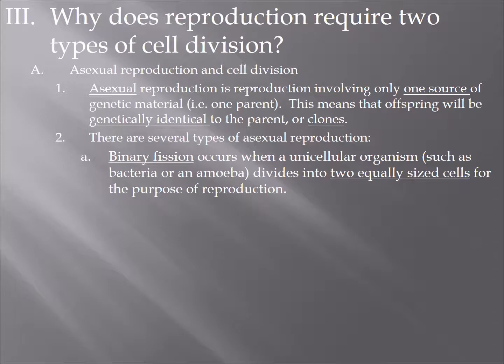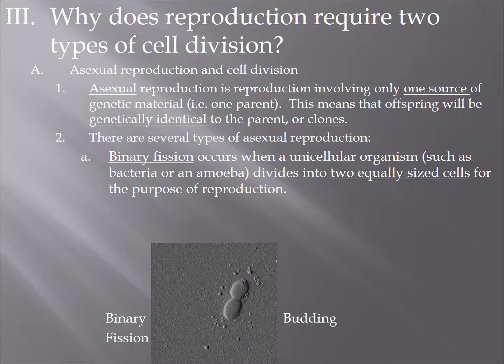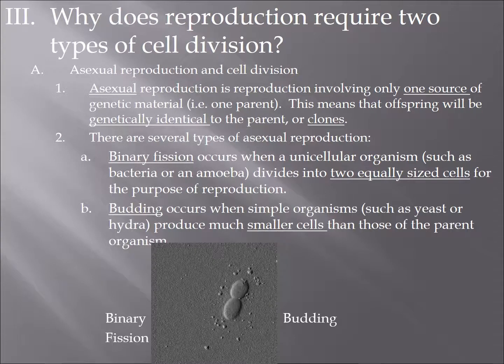Binary fission occurs when unicellular organisms such as bacteria and amoebas divide into two equally sized cells. Budding occurs when simple organisms such as yeast produce smaller cells than the parent organism.